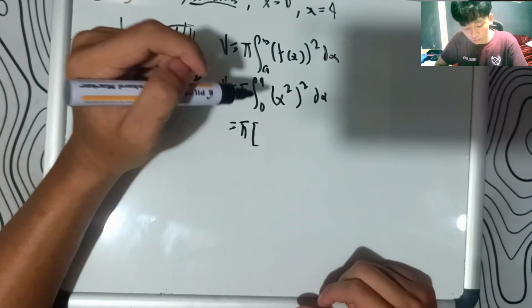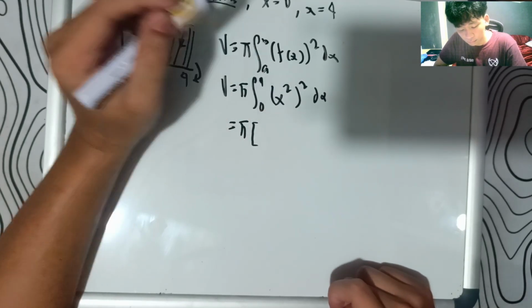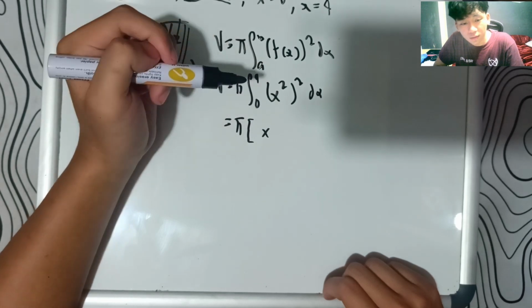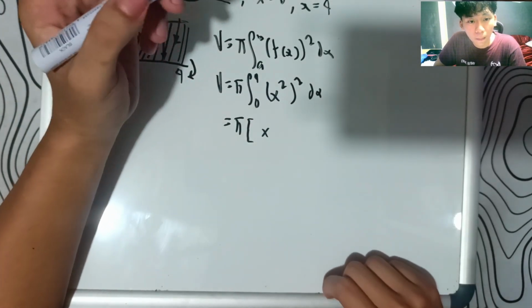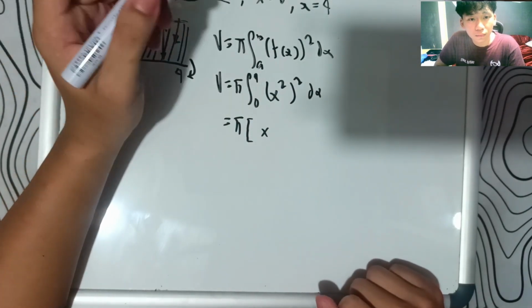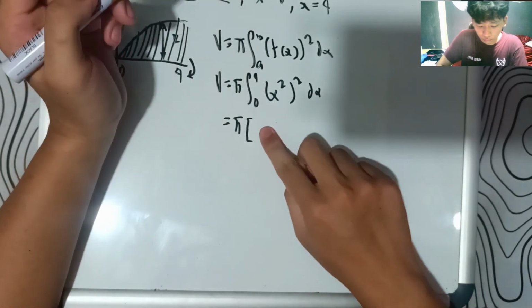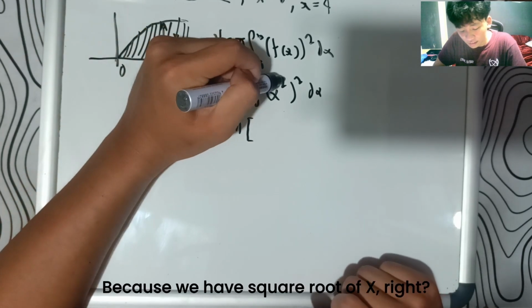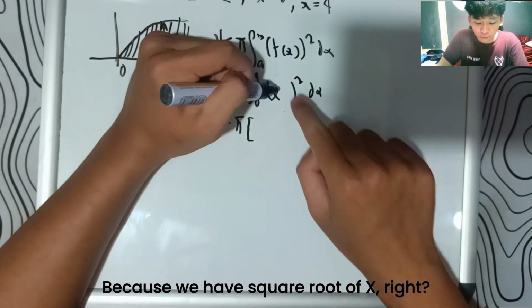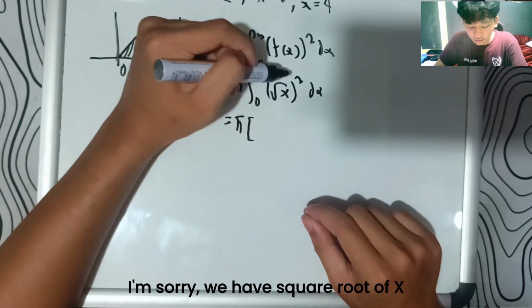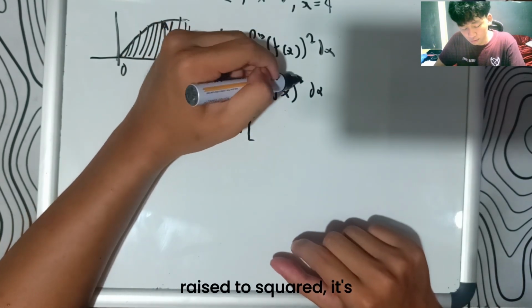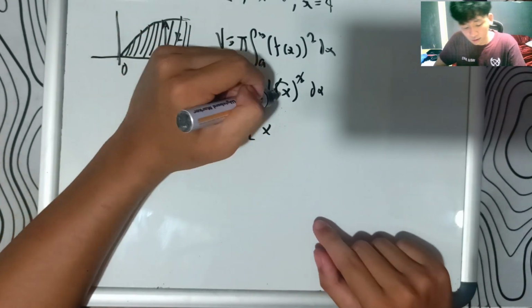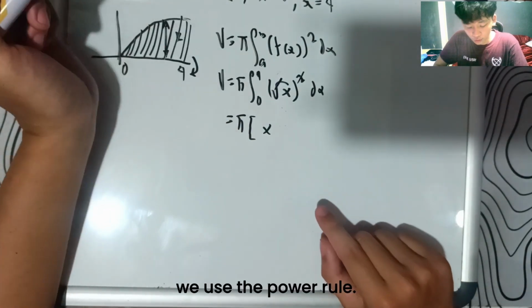So because we have square root of x raised to 2, it's just going to cancel, so we're left with x, and if we integrate it, we use the power rule.